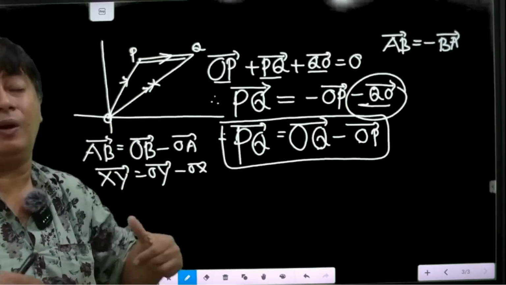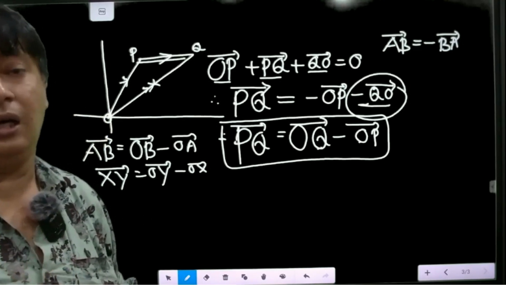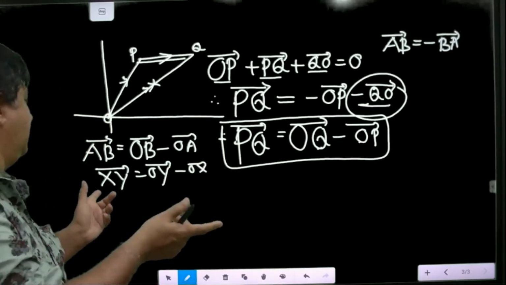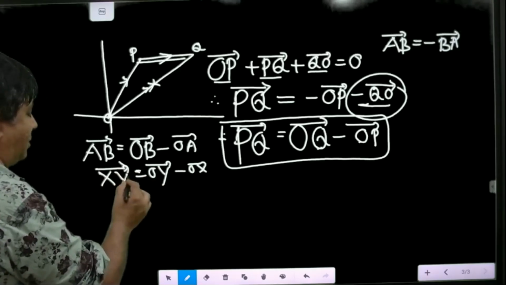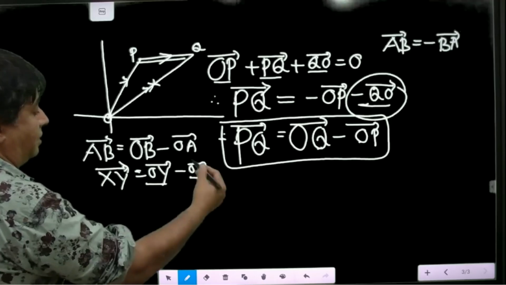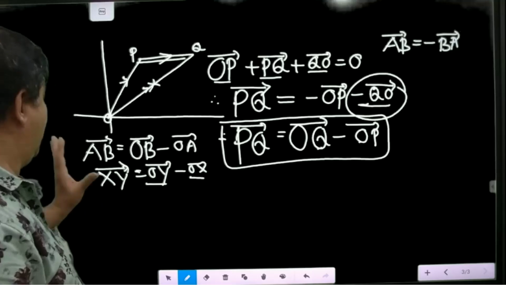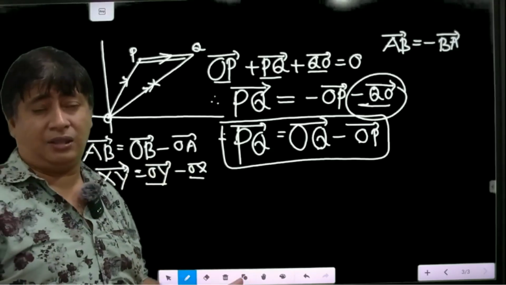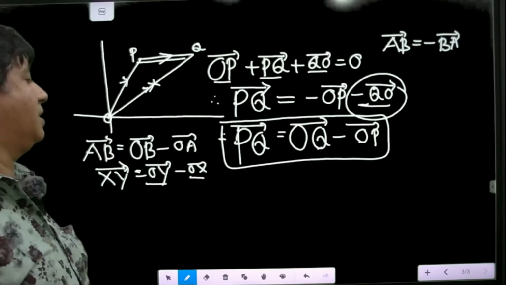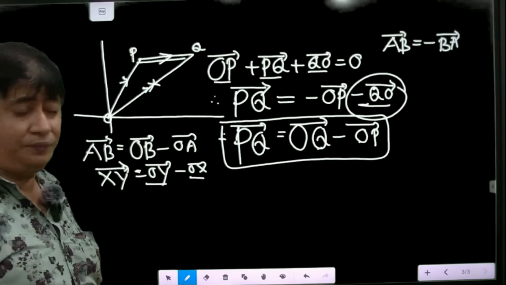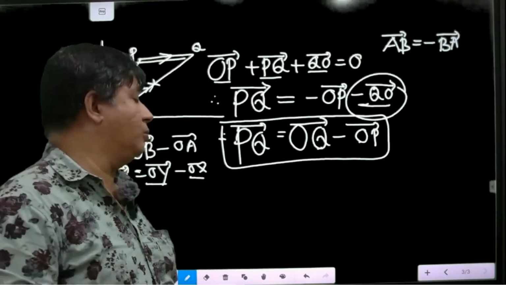Students get confused where to put what arrow sign and what direction to denote. So if I memorize it in this way that vector XY is final minus initial position with respect to the origin, then it will be an easy task to understand which direction to put the arrow sign. Hope you understood. Now, how to find the angle between two vectors?